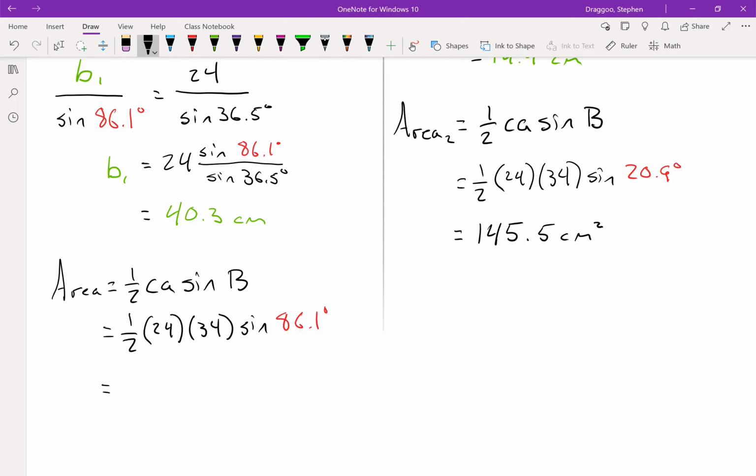And that comes out to 407.1 square centimeters.